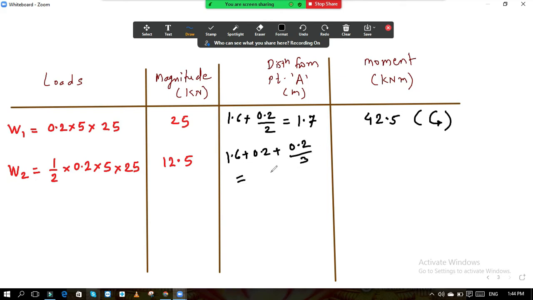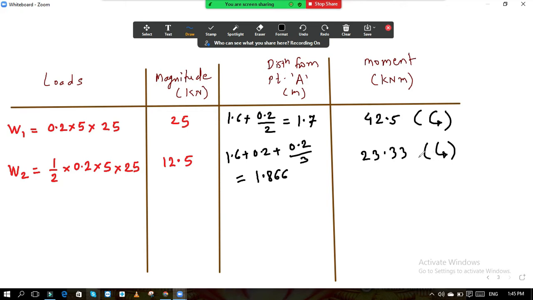This works out to be 1.866. Again calculate the moment. It is 23.33 and again it is moving down, so it is anti-clockwise.